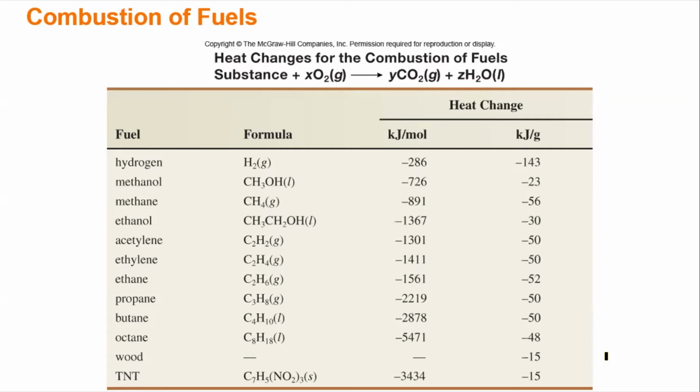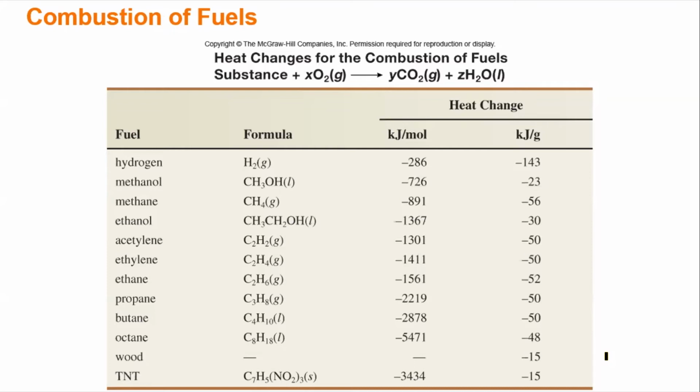We studied these in Unit 4 when we studied chemical reactions. A substance reacts with oxygen in some kind of stoichiometric fashion to produce carbon dioxide and water. If you look here, it shows you what are the different amounts of energy released per mole and per gram.